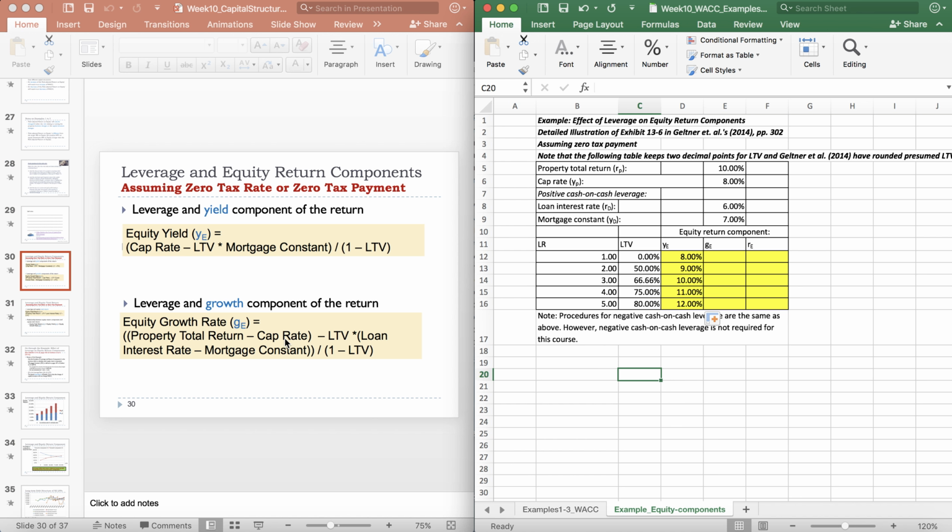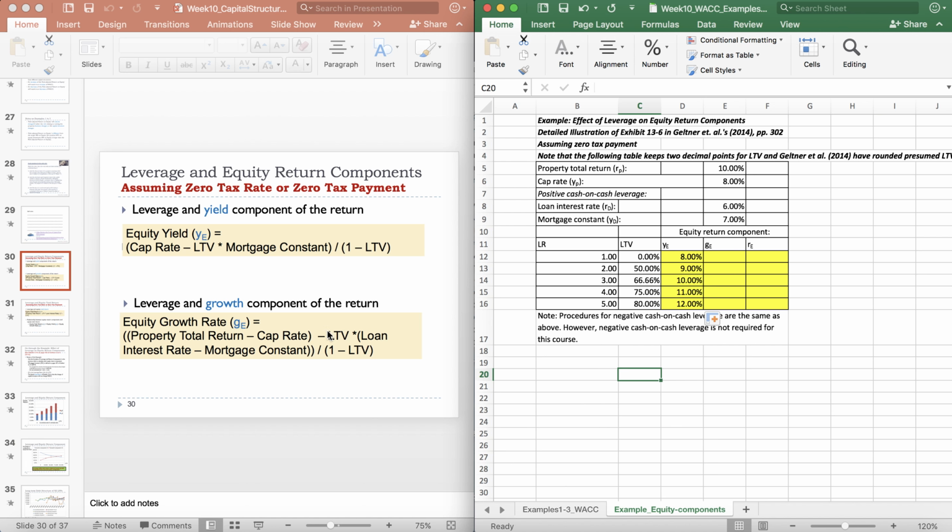So then we get this equity growth rate, because property total return consists of rental income plus price appreciation. Excluding the rental income part through this cap rate, the other part is the property value growth rate. Then for the overall part, we also subtract certain costs on loans.